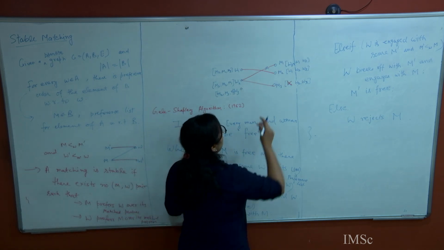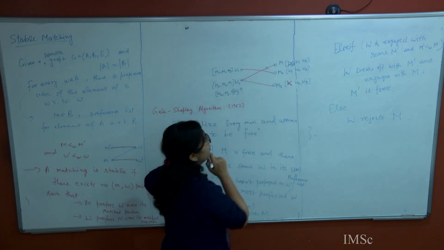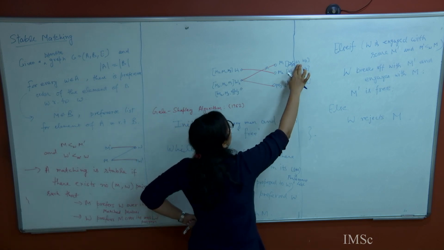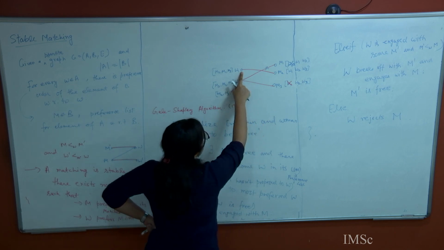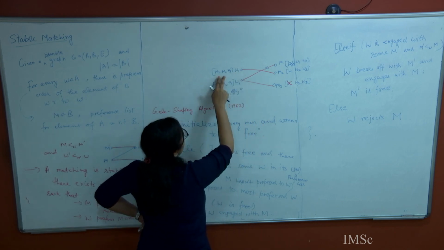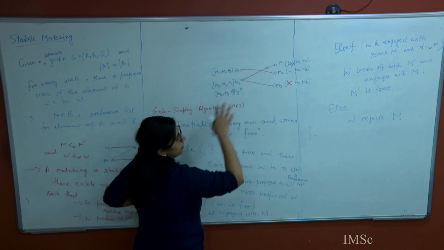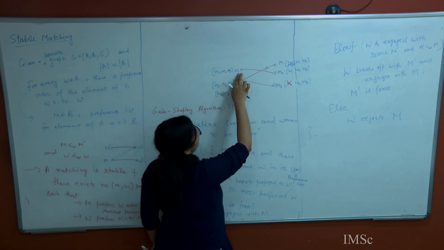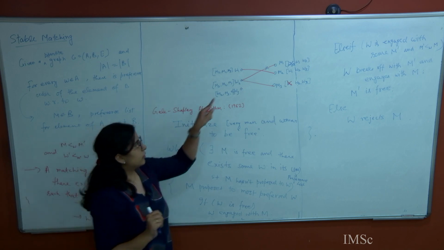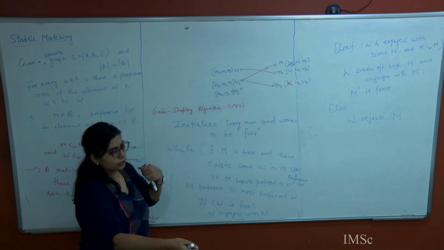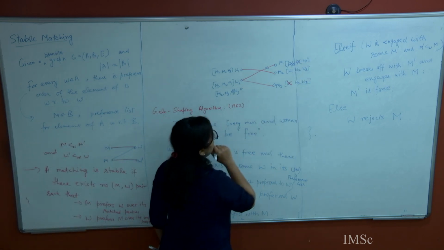So, we will go to M1 and, okay, W2 has rejected M1 now. So, we will go to W1. So, now M1 goes to W1, and let us see what W1 says. Because in the preference list M1 comes after M2, and M2 is the current matched partner of W1, W1 rejects M1. She rejects M1 because she is already matched with her most preferred partner. So, W1 also rejected him.